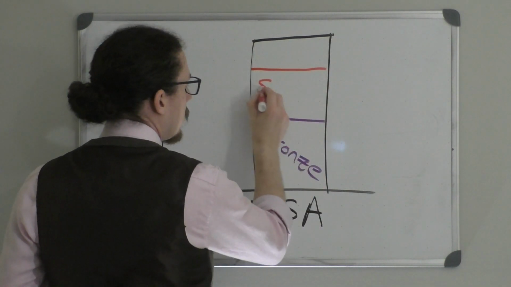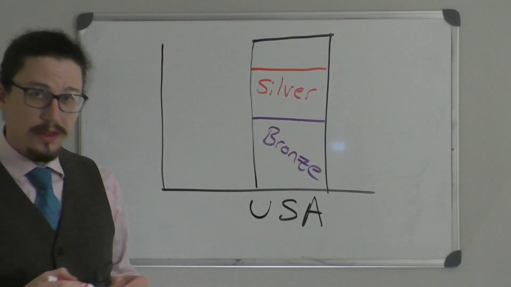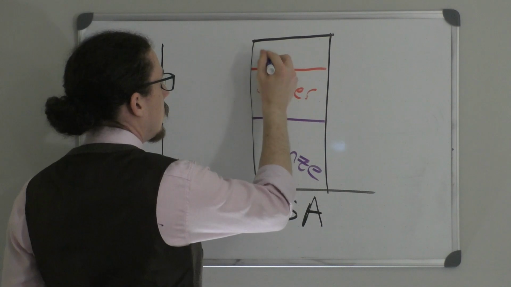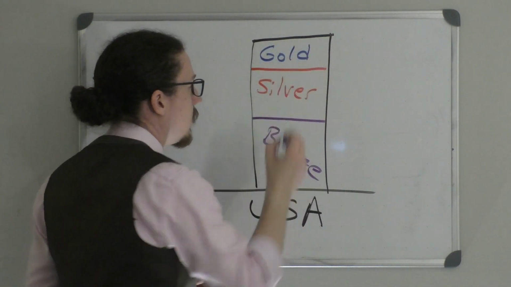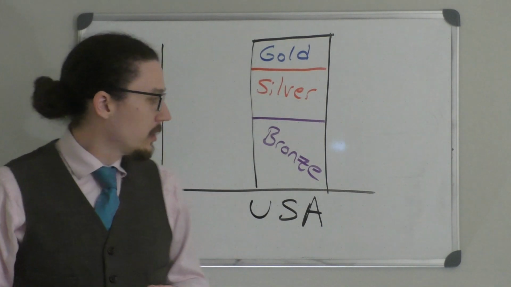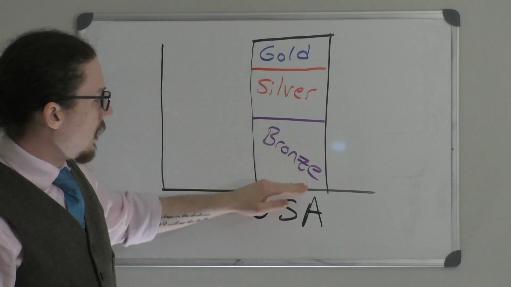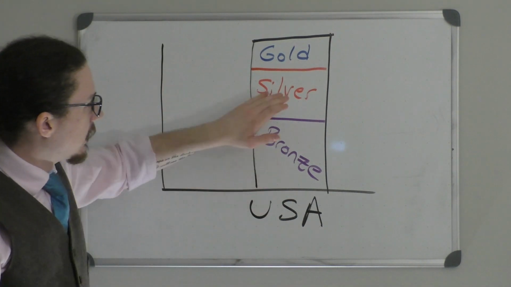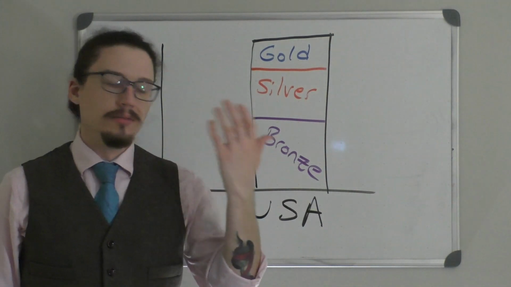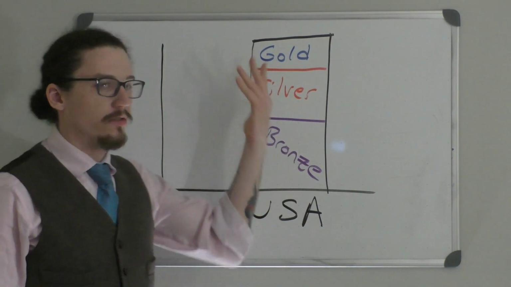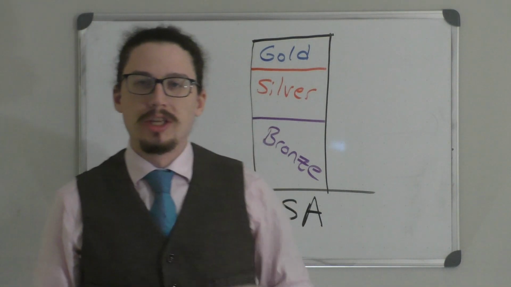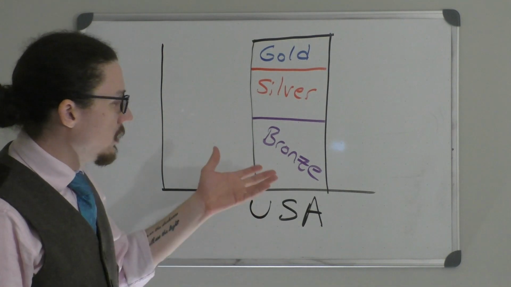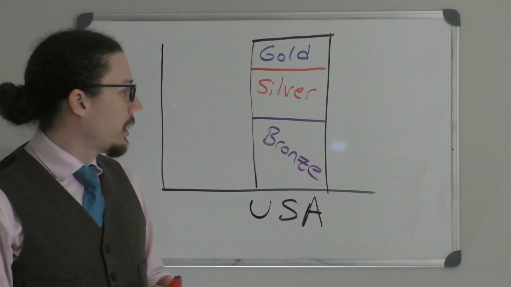Then we would have another section stacked on top of that for the silver medals. And finally, the last part would be the gold medals. So we get an idea of overall medal count with the entire bar, and then we can get an idea for which type of medal, bronze, silver, or gold, by looking at the composition of our bars.